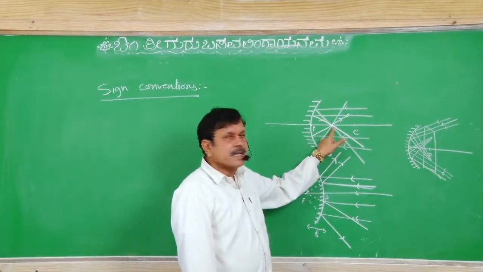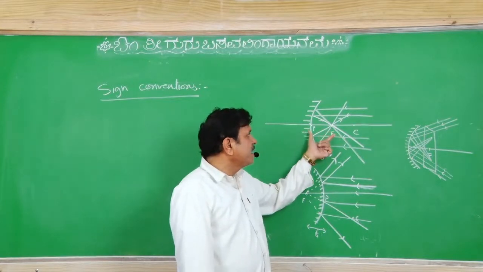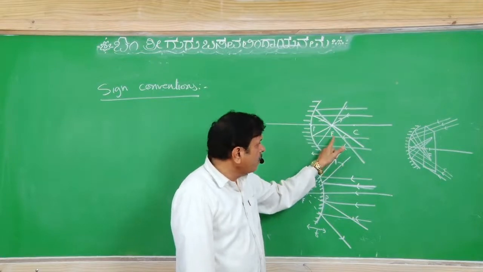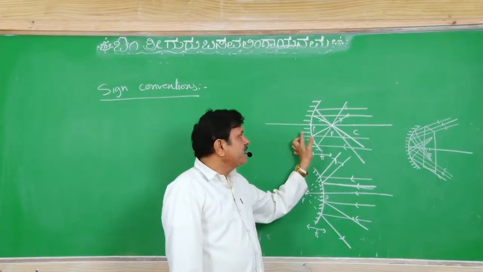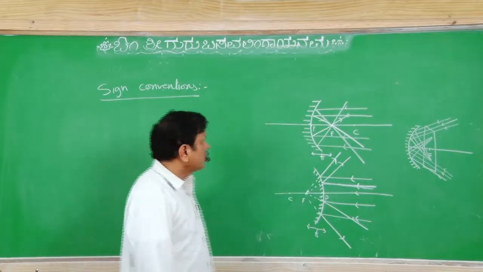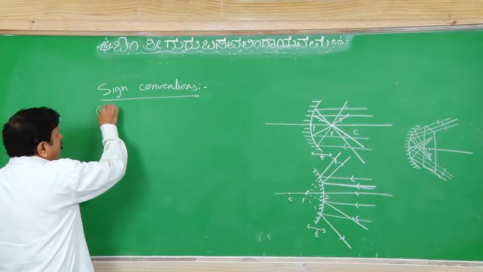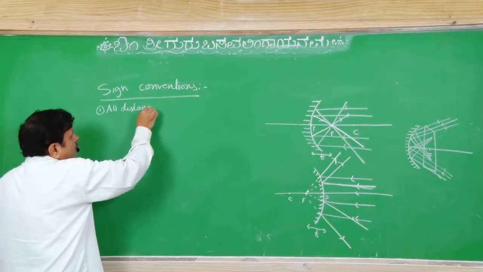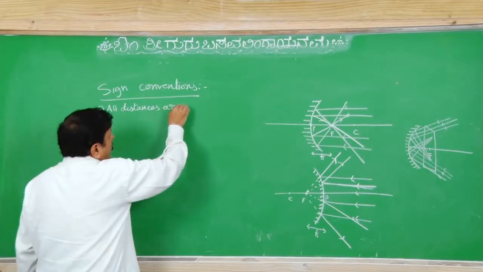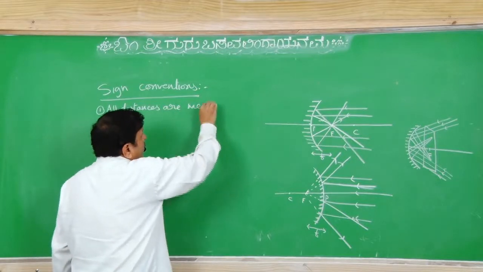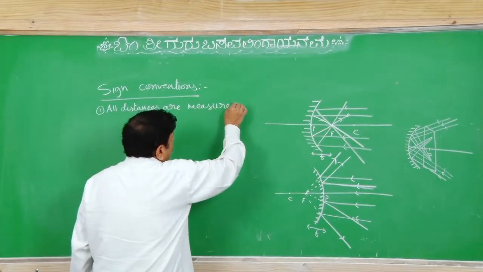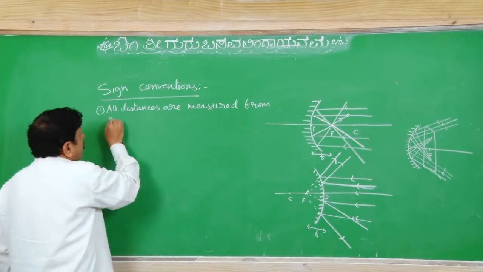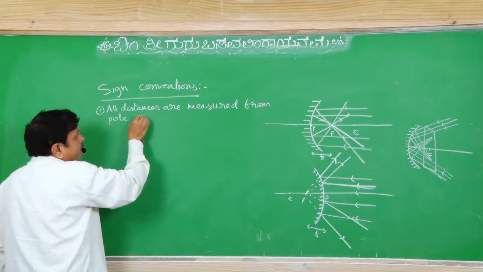If we want to measure the focus, we measure the distance from the pole only to the focus, not from F to P. We measure the distance from P to F. So the first point is that all distances are measured from the pole along the principal axis.